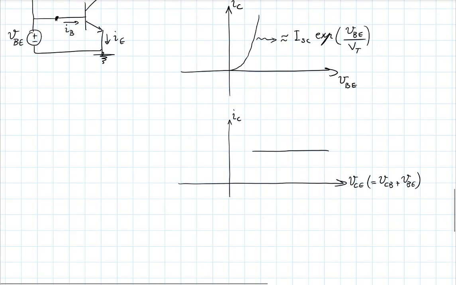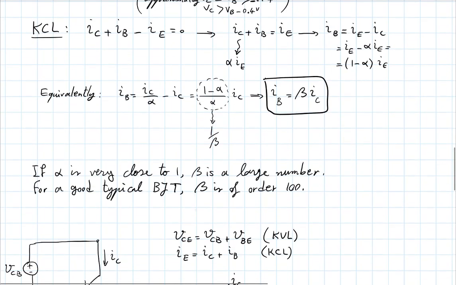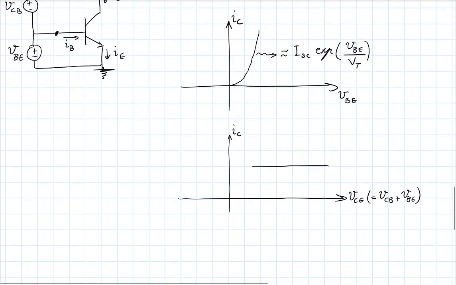Okay? This would have been ideal, but in reality, things are not ideal. And as I said, this condition of having an alpha equal to 1 and a large beta and things working nicely like this is applicable as long as your VCB stays more than, let's say, minus 0.4.